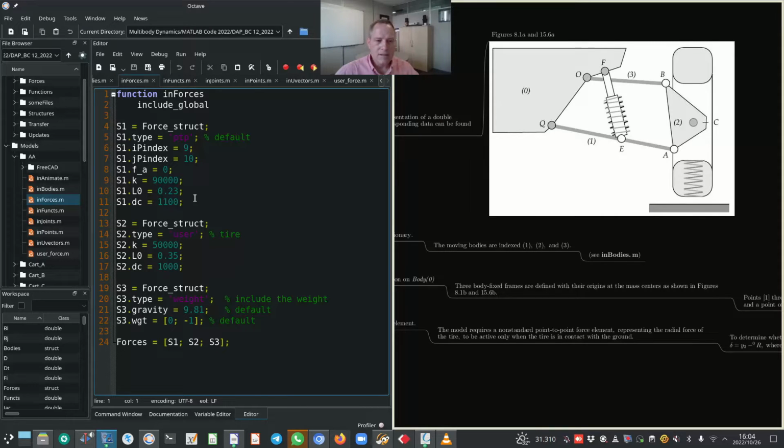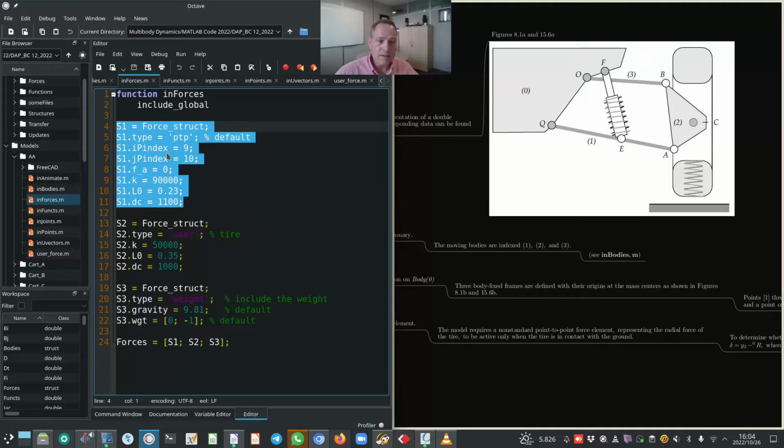Okay, so first of all, force S1 is a P2P or point-to-point spring damper that represents this spring damper between body 0 and body 1.